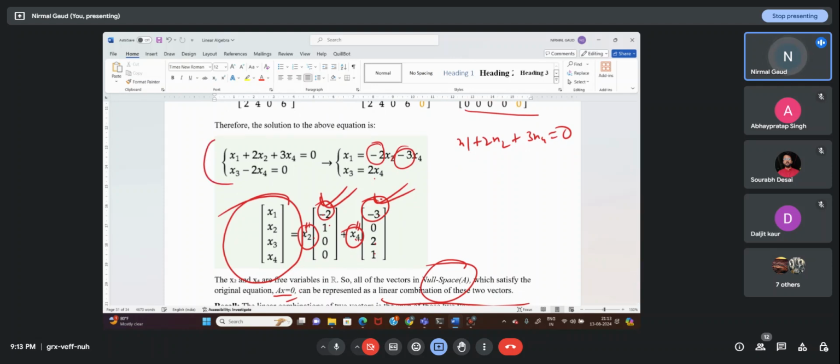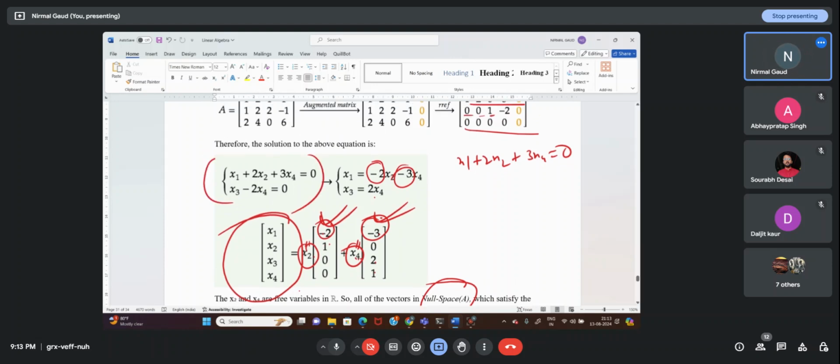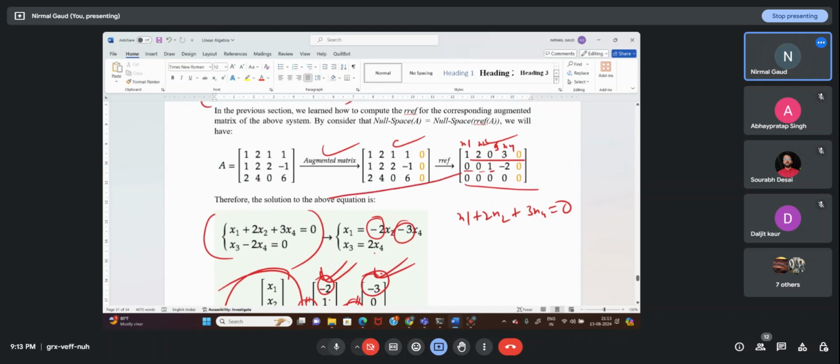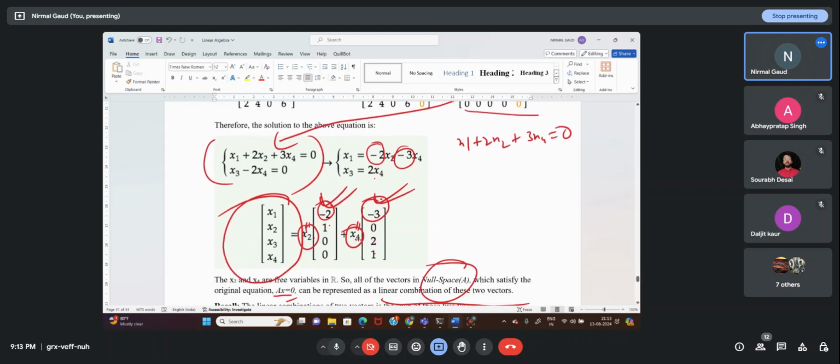These were the final equations if I refer to the matrix. So x1 and x3 are coming in terms of x2 and x4.